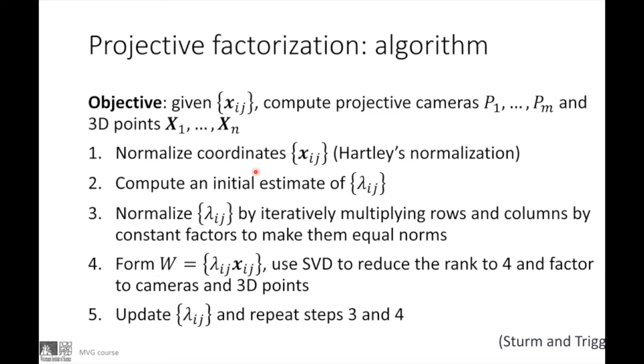Given the matrix of lambda ij, you take every row and you divide it by the norm, you make it norm 1. Now the columns are not norm 1, so you repeat this, but now you go column by column and divide it by the norm to get norm 1.